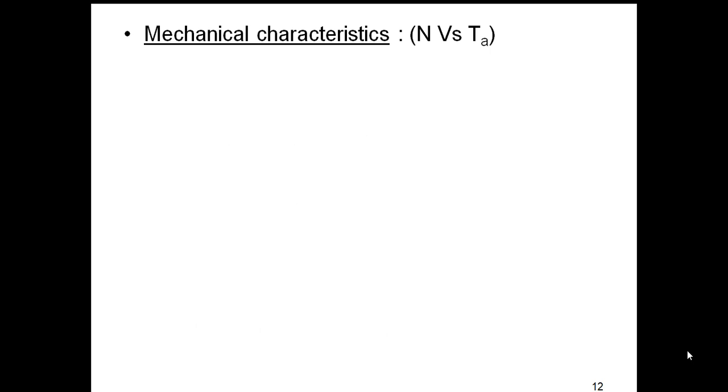And the other one is the mechanical characteristics, and these characteristics are drawn between the speed N versus armature torque.